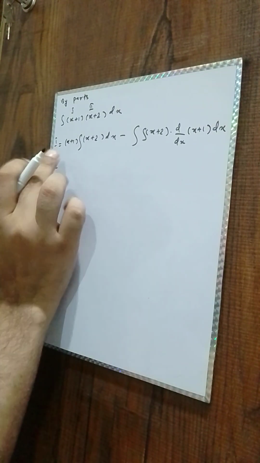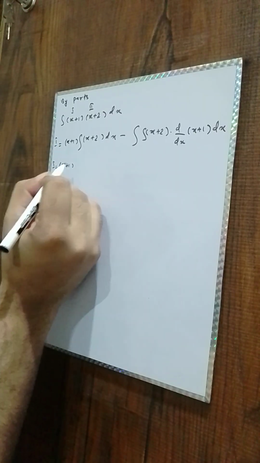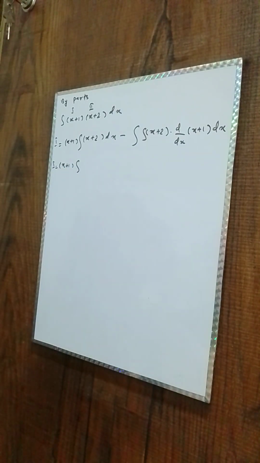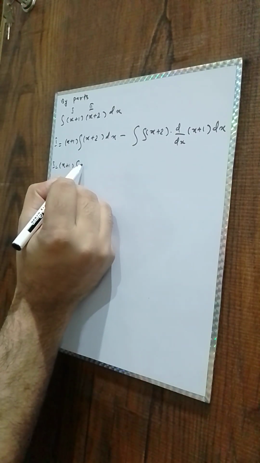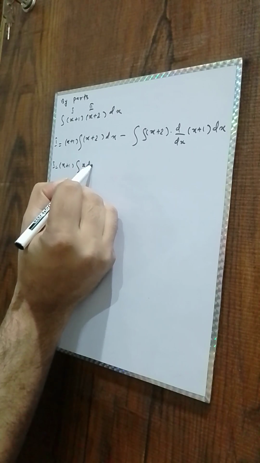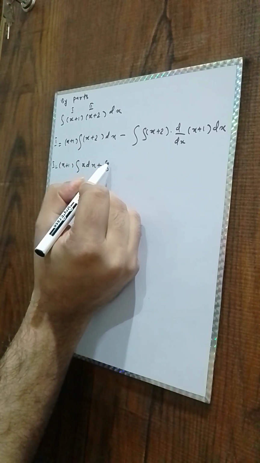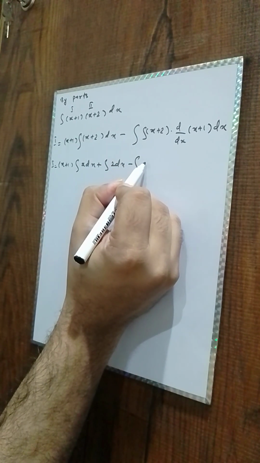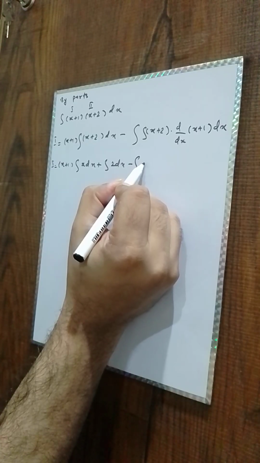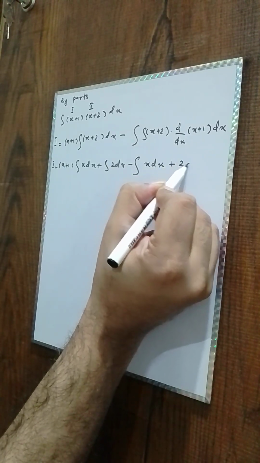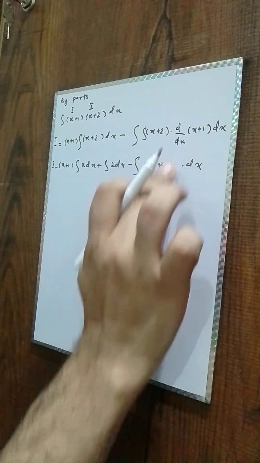So the integral continues to be x plus 1 into x dx plus 2 dx, and minus now x dx plus 2 dx.